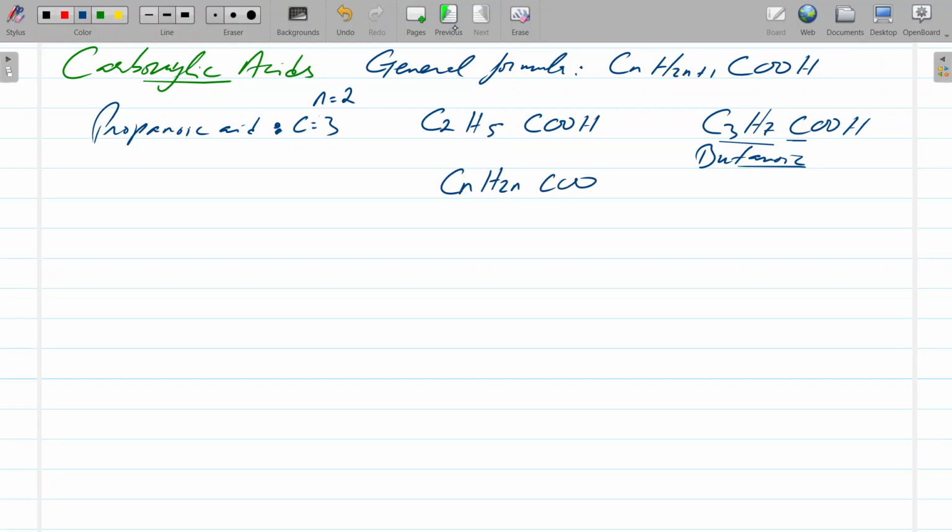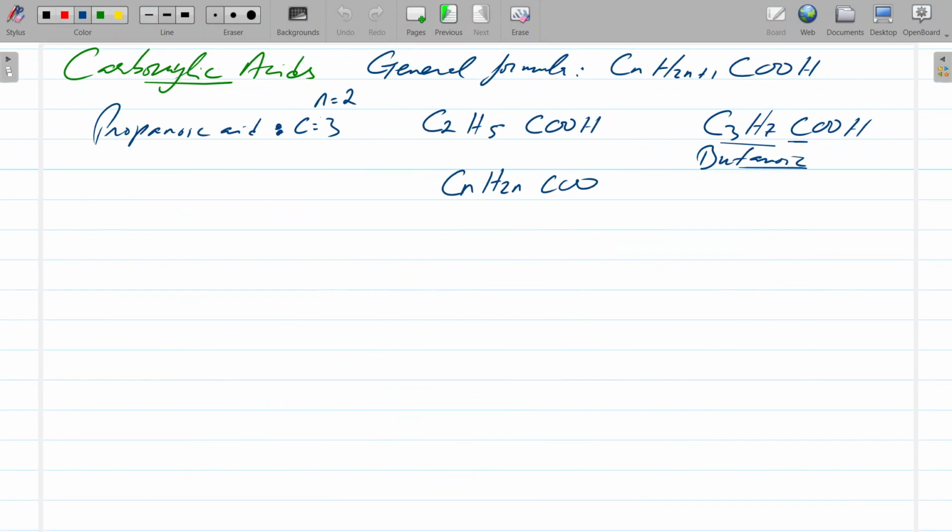So you would say, I'm going to write it out as CnH2n because there are 3 carbons and 6 hydrogens, and I'm going to write it like this. If you write it out like this, how does that make sense?